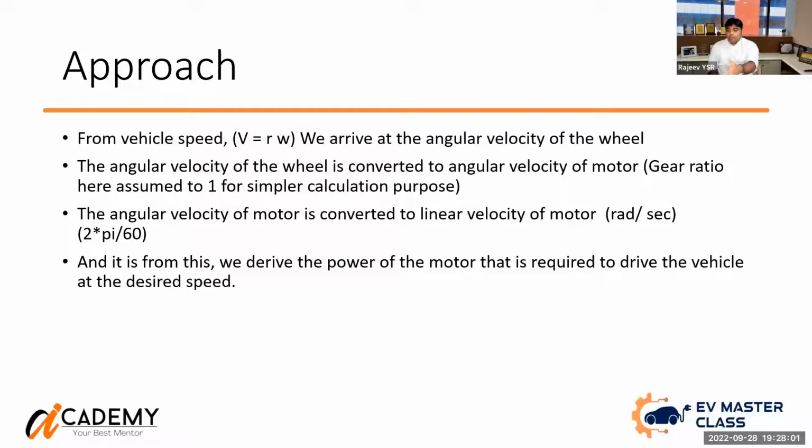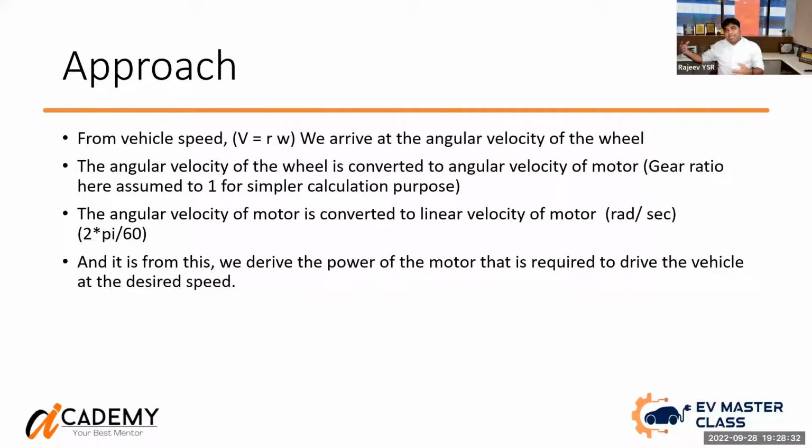Now I'm going to talk about how we convert the angular velocity of the motor into the linear velocity of the motor. Once you get the angular velocity, and you already have the torque from the traction force calculations that we have done, then you consider the speed of the vehicle, and what speed you need.